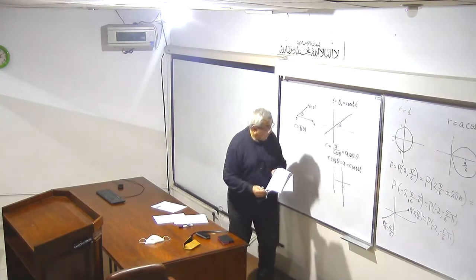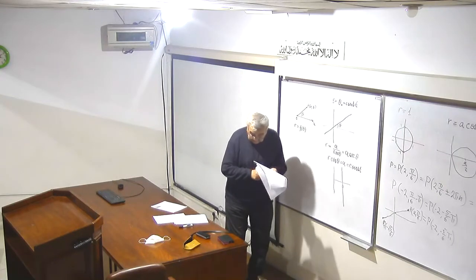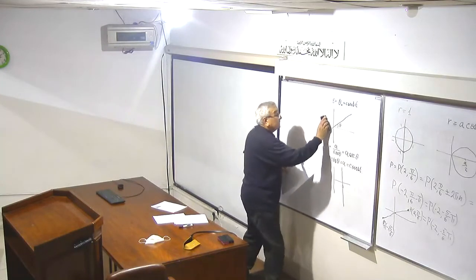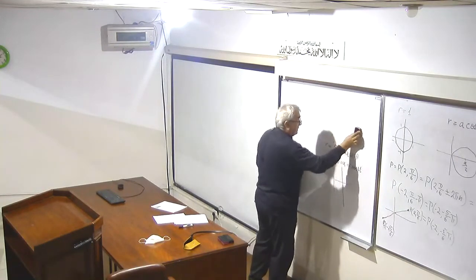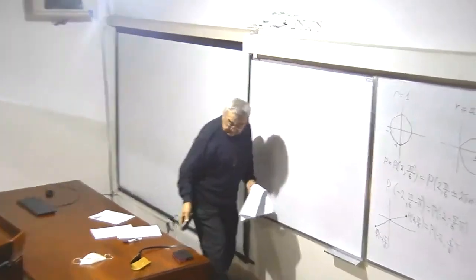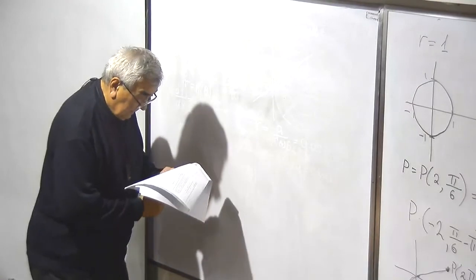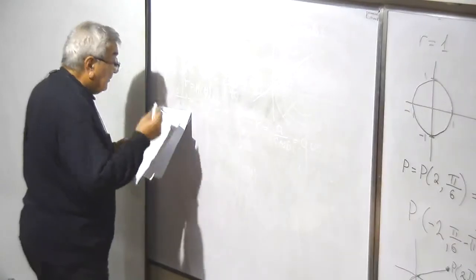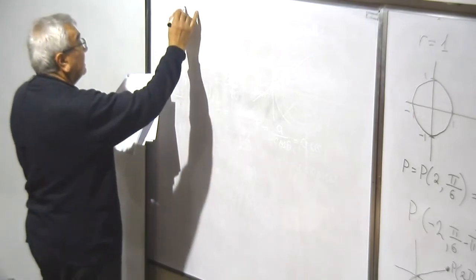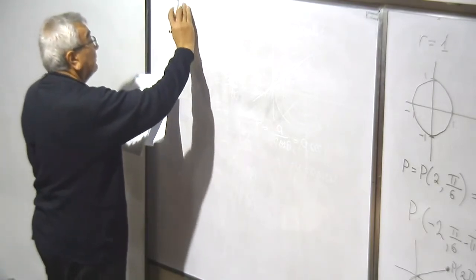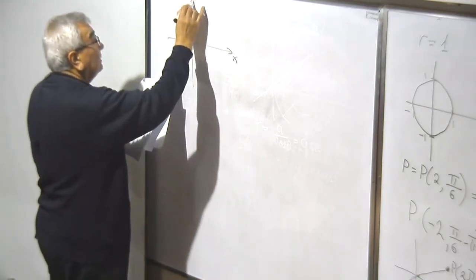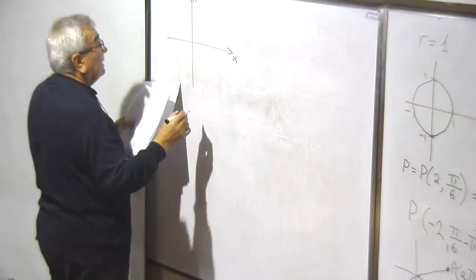The relation between the polar coordinates and rectangular coordinates, that means Cartesian coordinates, is very easy to define. If we again plot the graph, this is the Cartesian coordinate x and y axis.